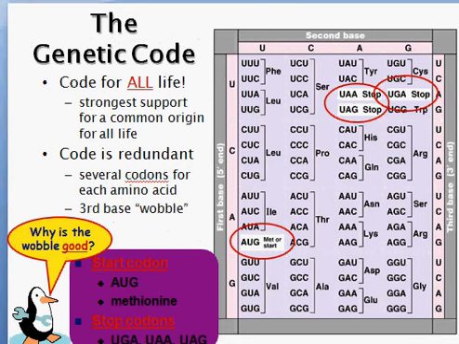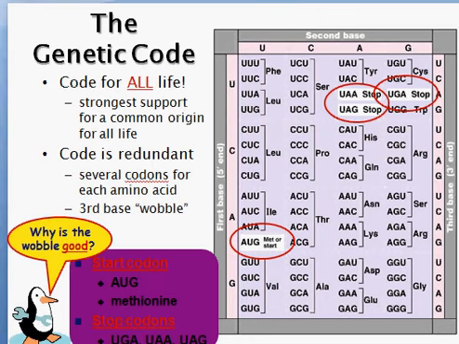All of this comes down to what we call the genetic code, which is not really overstated in being called the code for all of life. It's the strongest support for a common origin for all of life because it actually works in all sorts of organisms. The code is redundant, which means that several codons will code for the same amino acid.